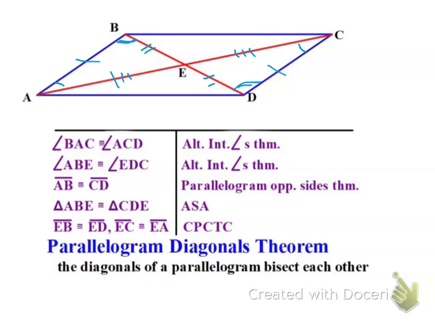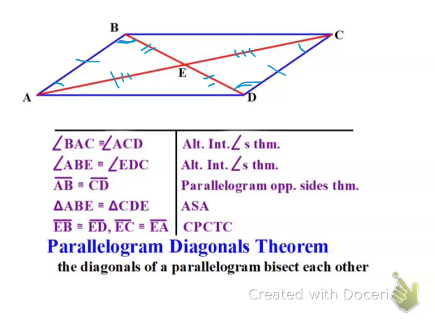All right, now, notice what this does, this cuts the diagonals in half. This half and this half, those are the same. AE and EC are the same. It does not mean that the diagonals are congruent to each other. It just means that E is the midpoint of both diagonals.